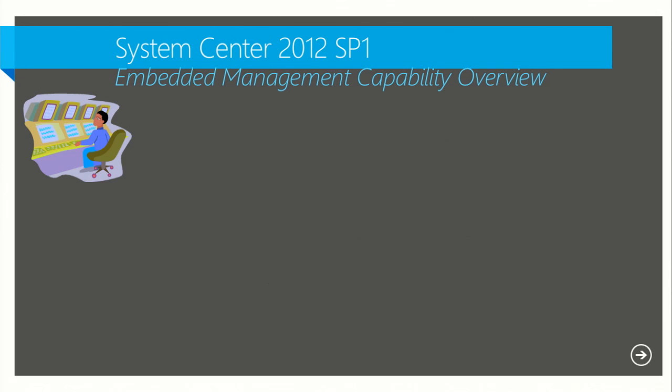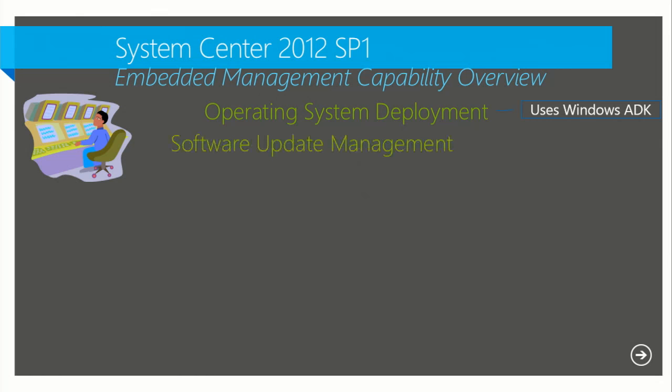What are the capabilities? What are the big high-level scenarios that are lit up for embedded? Operating system deployment, which uses Windows ADK. Software update management. You will notice that it's very similar to how desktop operating system or PCs are managed today. Software update management using OS servicing.